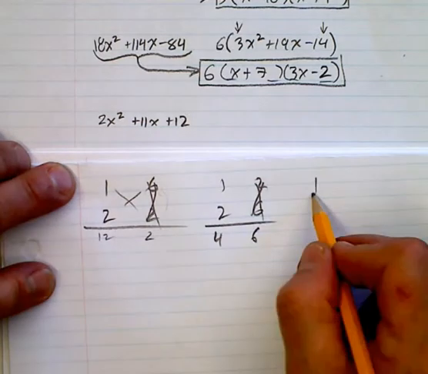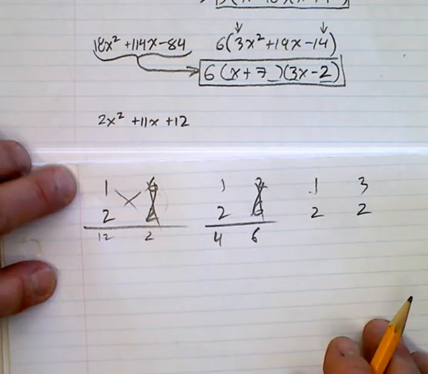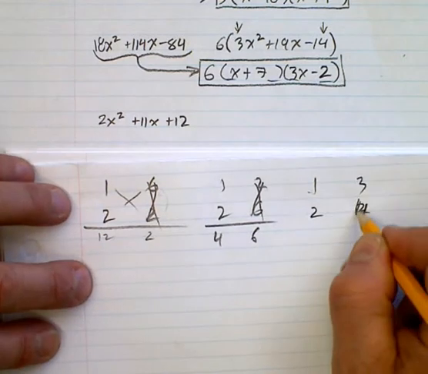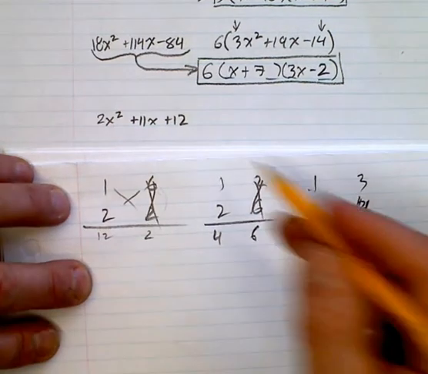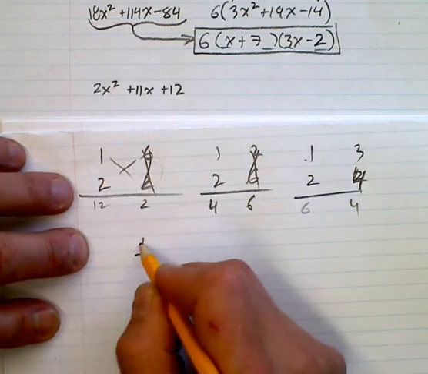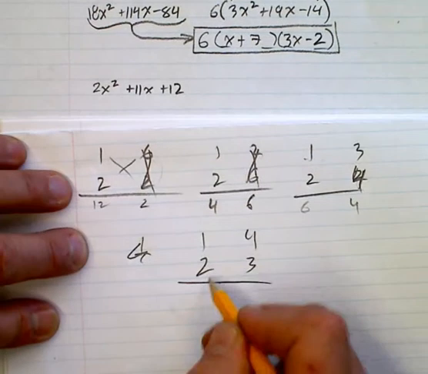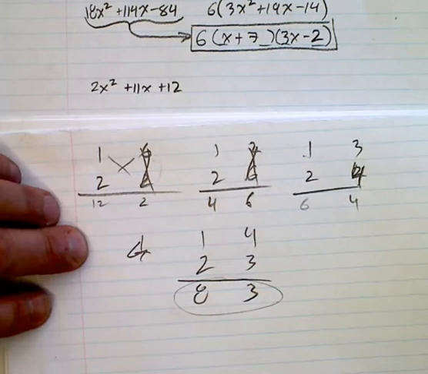Let's try 1, 2. Let's go 3 and 2. Sorry, 3 and 4. So that gives me 6, that gives me 4. I can't get 12. Still not working for me. So let's go 1, 2. How about we split these around? 4, 3. Well, that gives me 8 and that gives me 3. Can I get an 11?